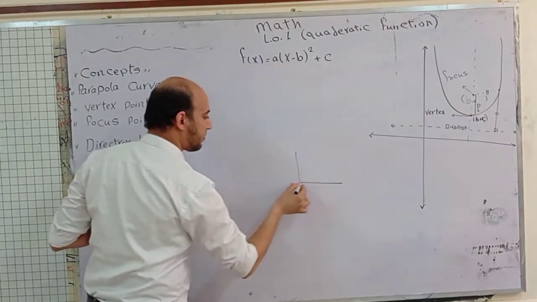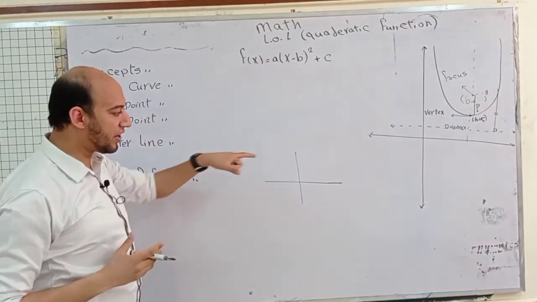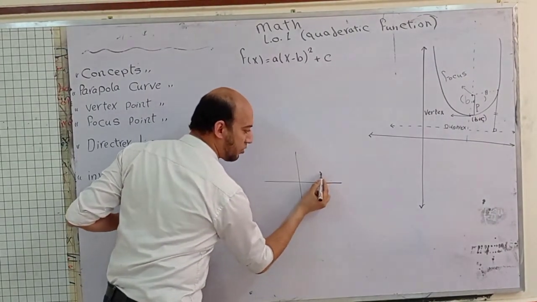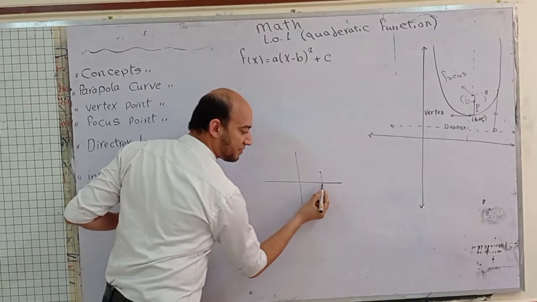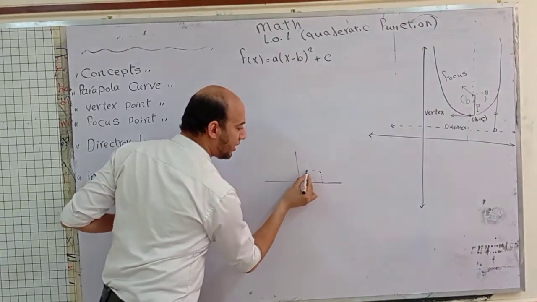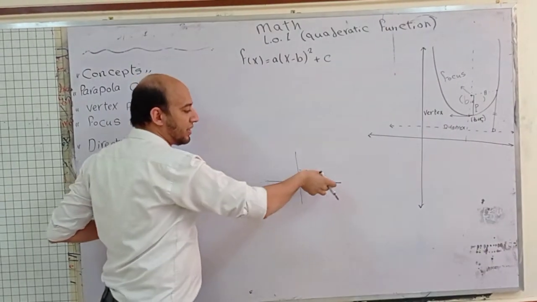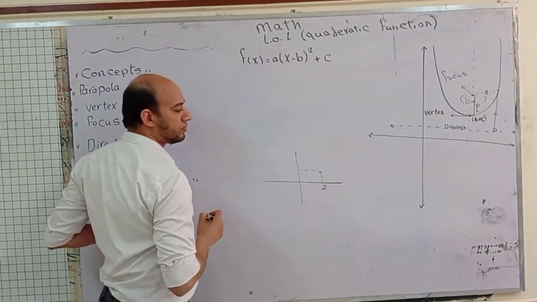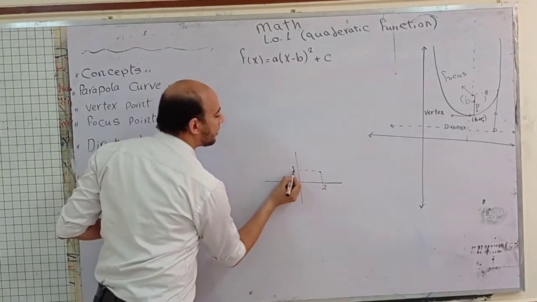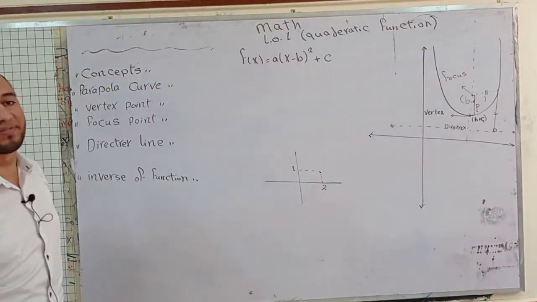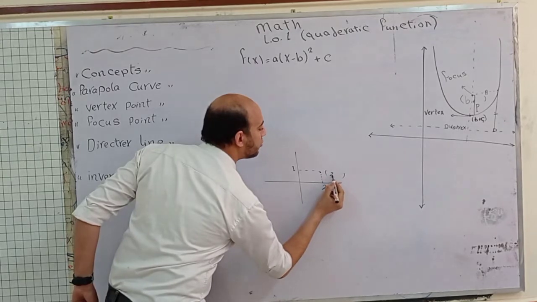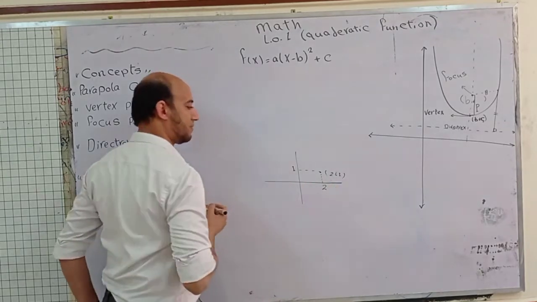I will explain it more clearly. Suppose this point has two coordinates: its x coordinate equals 2, and its y coordinate equals, for example, 1. Then this point is (2, 1).